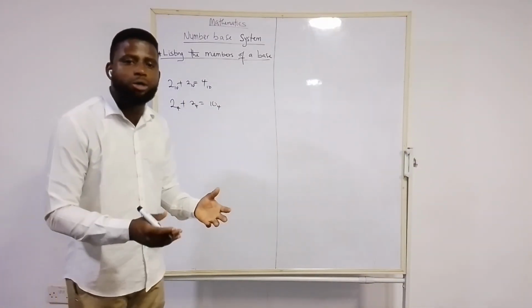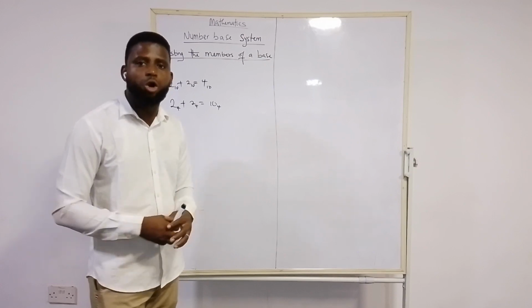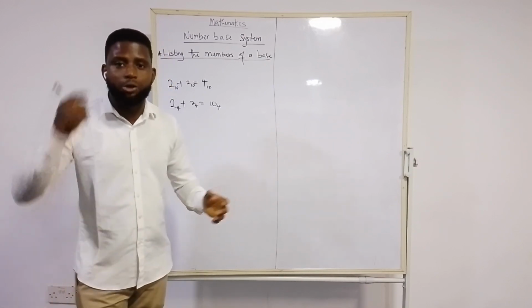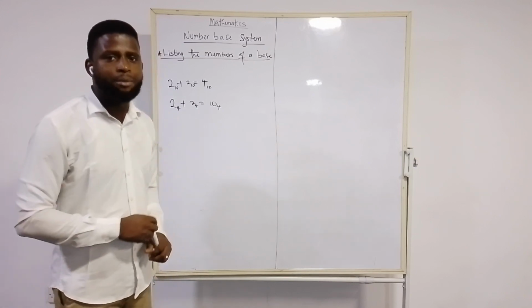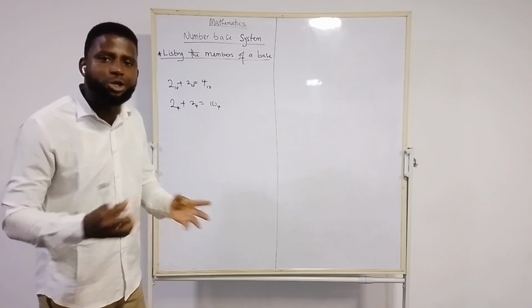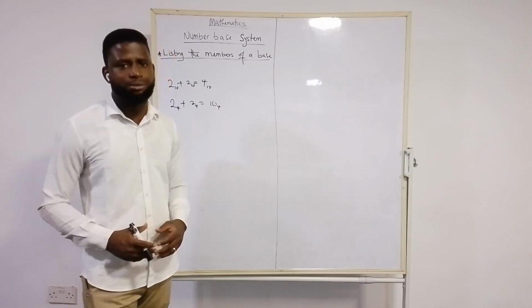So your addition, your subtraction, your multiplication, even division, simultaneous equation, quadratic equation, and so on and so forth, they are all done in base 10. However, these mathematical operations can also be done in any other base system different from base 10.